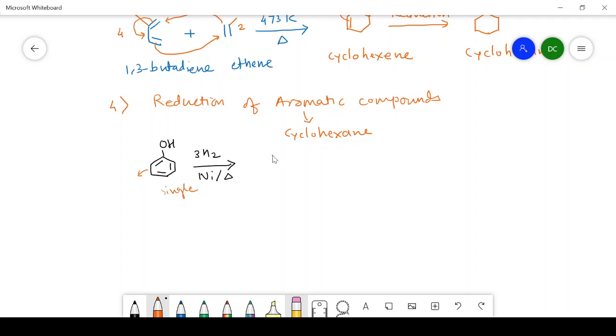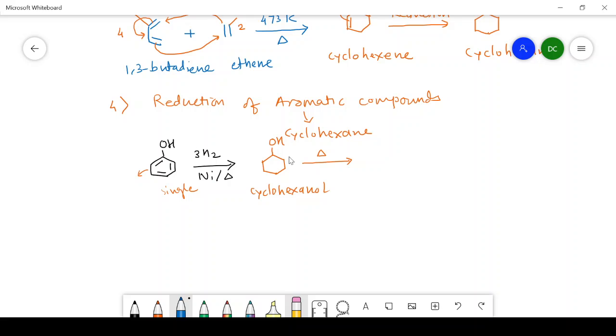So what I can write here, cyclohexane which has an OH group. So these three double bonds are converted into single bonds and we get a cyclohexanol.